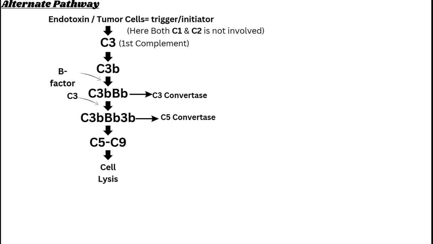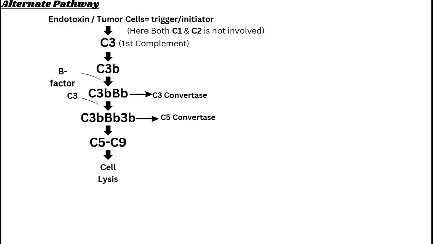This endotoxin or tumor cell will combine with C3 and make a complex. Then you consider the C3B complement, and this C3B will cleave the B factor, and from that we take the Bb, capital B small b.